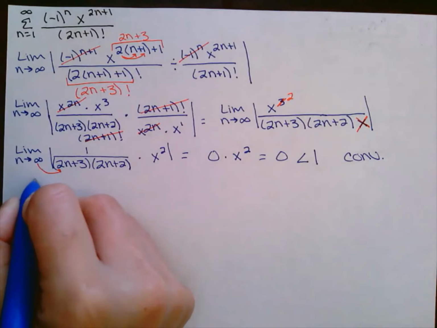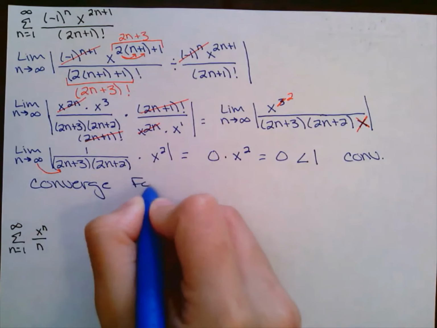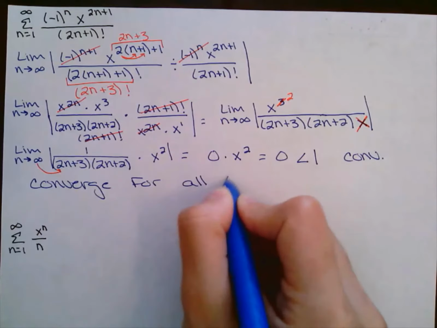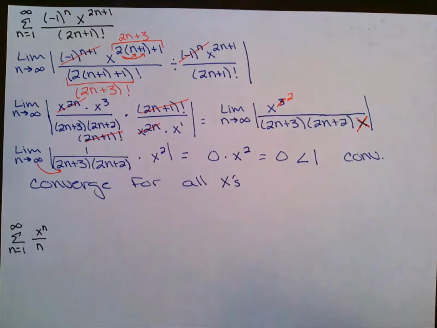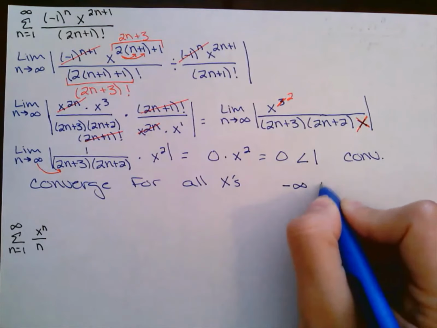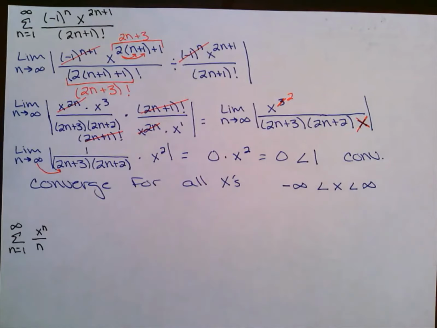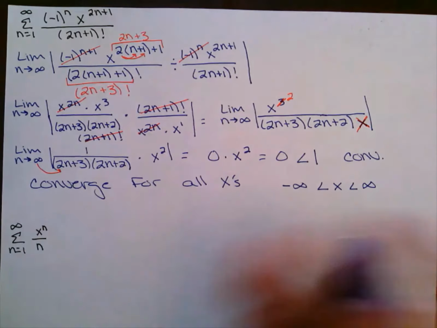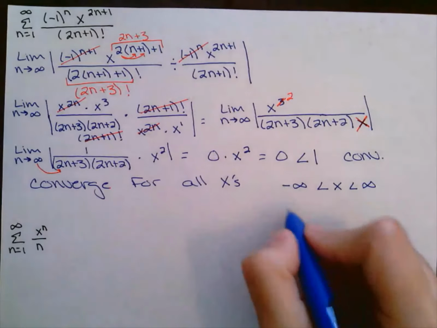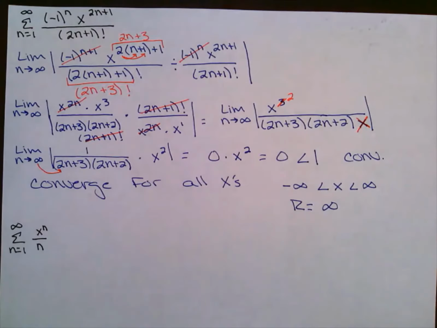So it can converge for all x's. Okay, another way of saying that is from negative infinity to infinity, no matter what number x is, okay? And if I cut infinity in half, I still have infinity, so my radius of convergence is also infinity, okay?